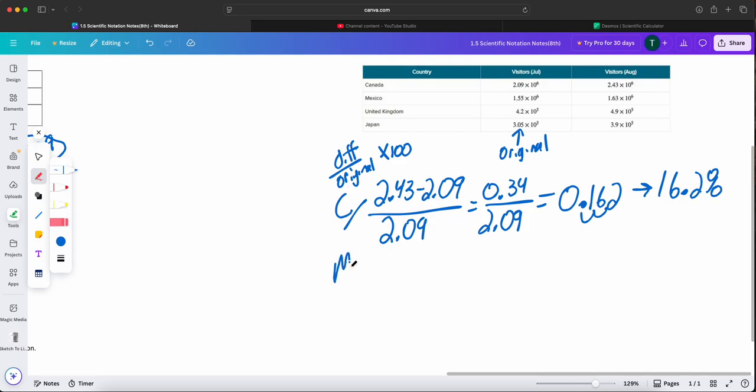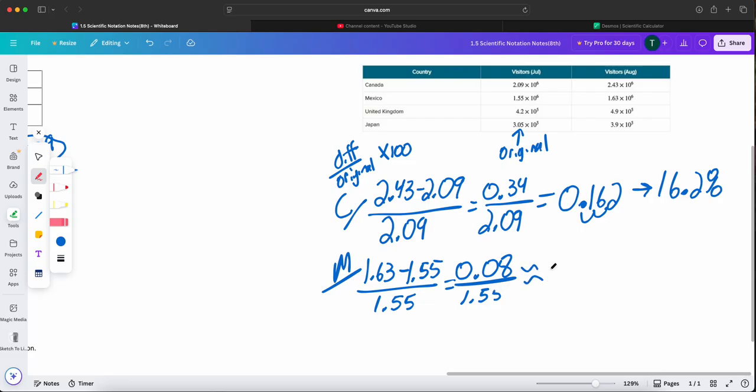So next up, we'll do Mexico. We'd be taking 1.63 minus 1.55, divided by the original, which is 1.55. If I subtract those, I get 0.08 divided by 1.55, which comes out to be about 0.052, which is 5.2%. So out of these two, so far, Canada would be the greatest.